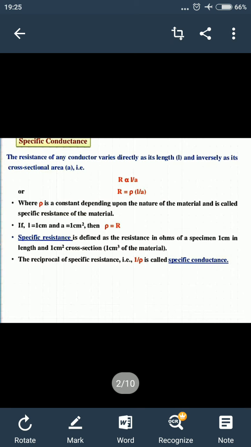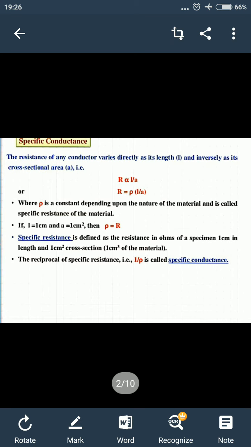If L is equal to 1 centimeter and A is equal to 1 centimeter square, then rho is equal to R. So, specific resistance is defined as the resistance in ohms of a specimen 1 centimeter in length and 1 centimeter square cross section.